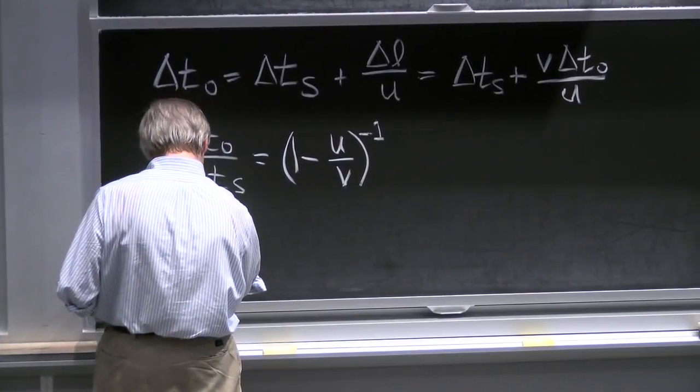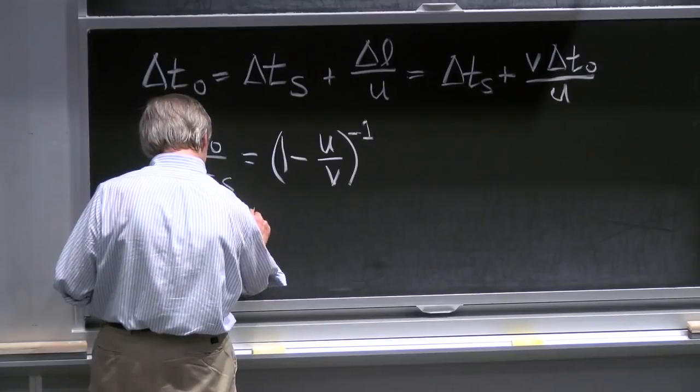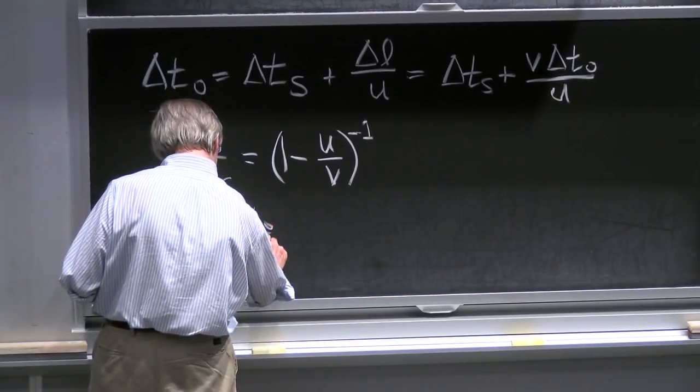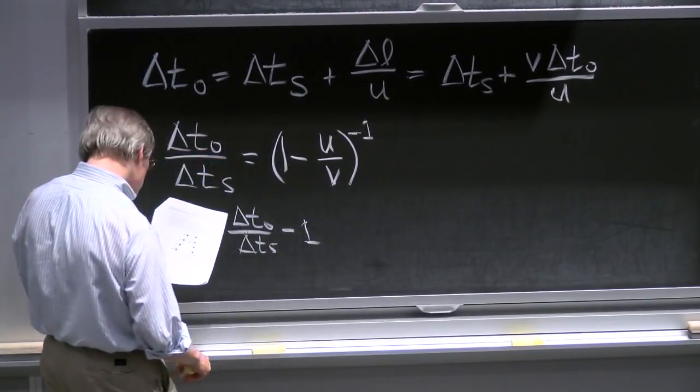And then z, the redshift, is delta t sub O over delta t sub S minus 1 by definition.